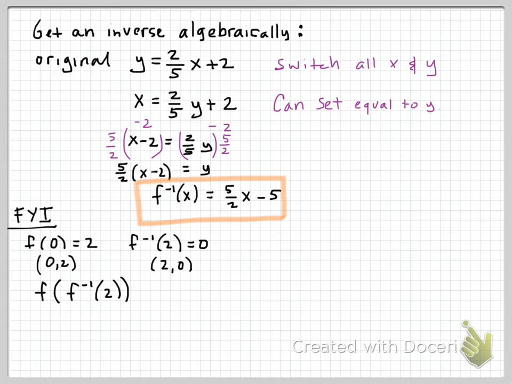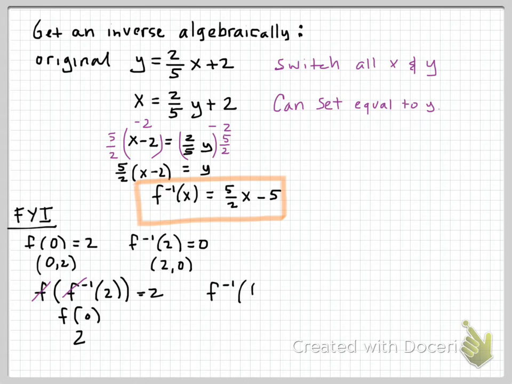So for example, working from inside out, if you took f inverse of 2, f inverse of 2 is going to give you 0. And then if you took f of 0, that's supposed to give you 2. So it looks like f and f inverse cancel each other out, and you just get what's inside, and that is true.